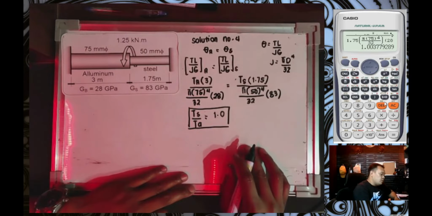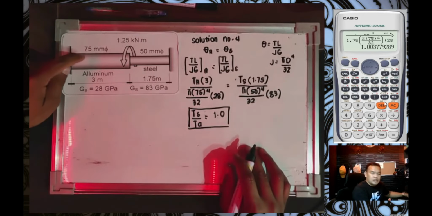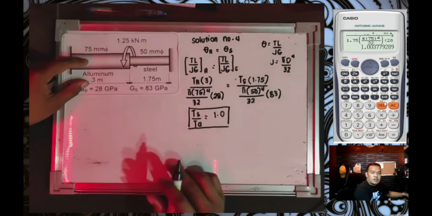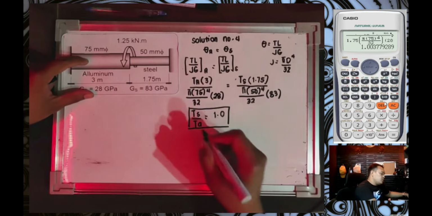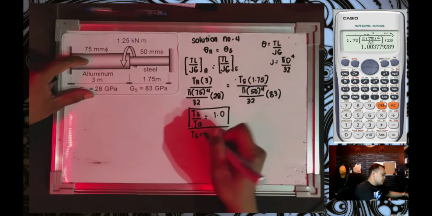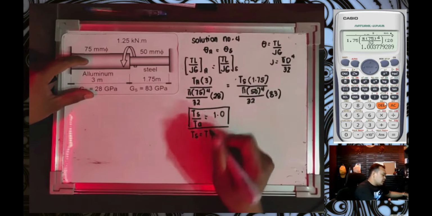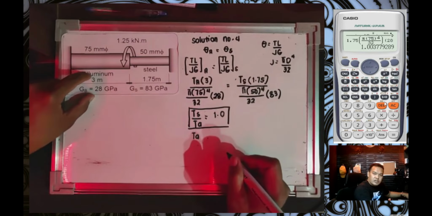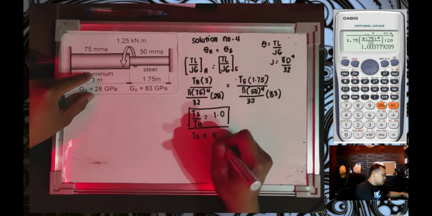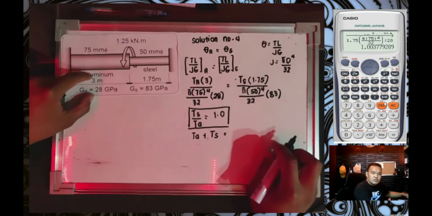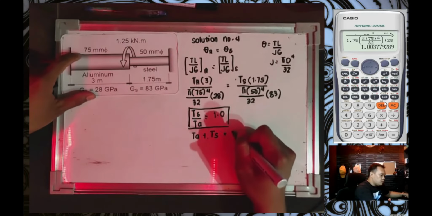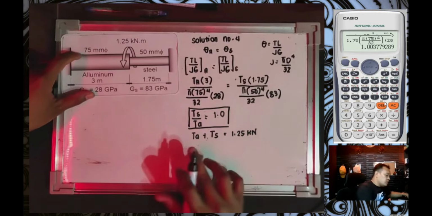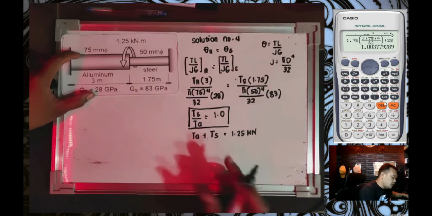Then we all know that the torsional force acting on aluminum plus the torsional force acting on steel is equivalent dun sa total torsional force natin. So TA plus TS is equivalent to the total torsional force, which is 1.25 kilonewton meter, no? And we all know that the value of TA is equivalent kay TS.